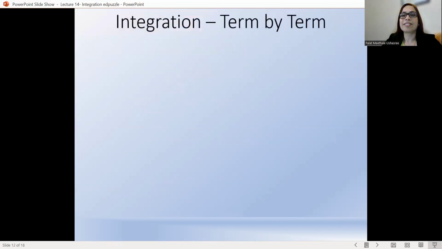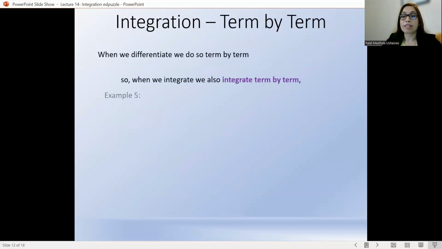Very good. Now if you have a function like 2 root of x minus 3 over e to the power of 3x, then you can integrate it term by term, just like we did in differentiation. Integrate 2 root x first, and then the second term, minus 3 over e to the power of 3x.